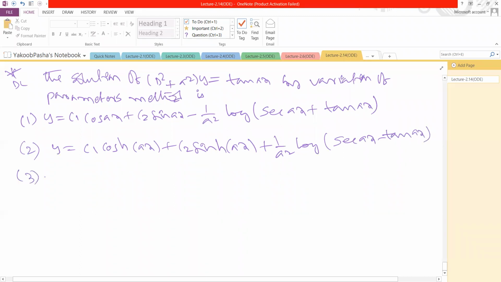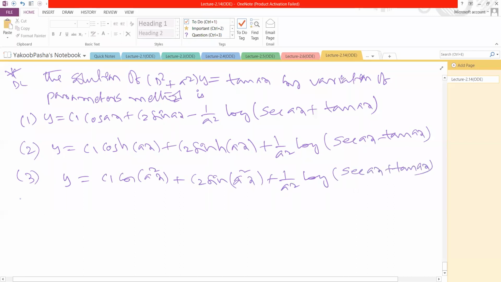And third option, y is equal to C1 cos a square x plus C2 sin a square x plus 1 by a square log secant ax plus tan ax.